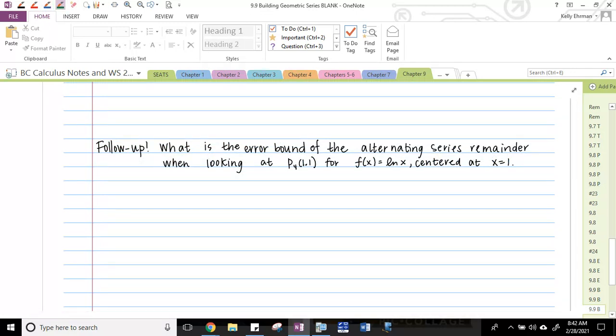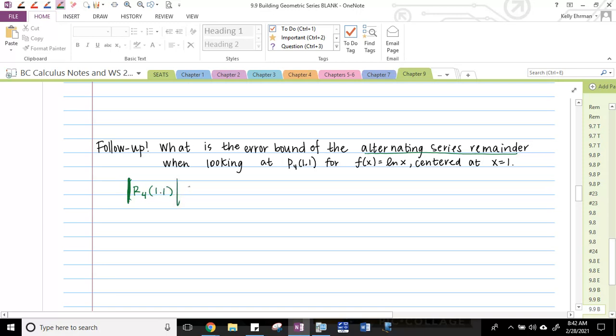All right. What is the error bound of the alternating series remainder when looking at the fourth order Taylor polynomial at 1.1 for a natural log of x centered at x equals 1? All right, so we're looking at the remainder, absolute value. The remainder of the fourth order polynomial that approximated 1.1.